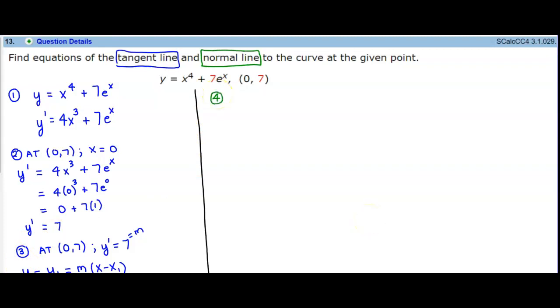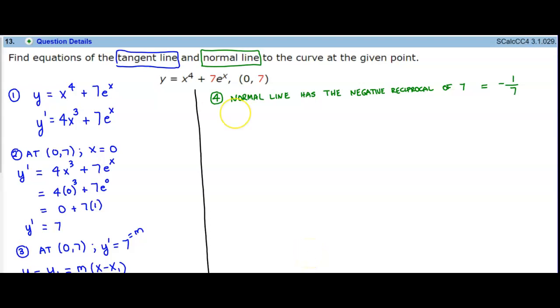Well, the normal line has the negative reciprocal of 7, which is equal to negative 1 over 7.